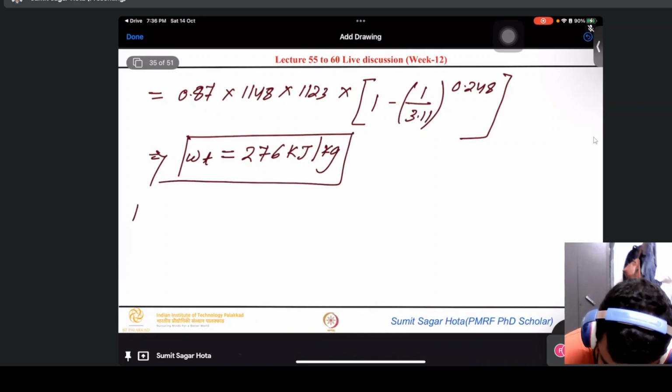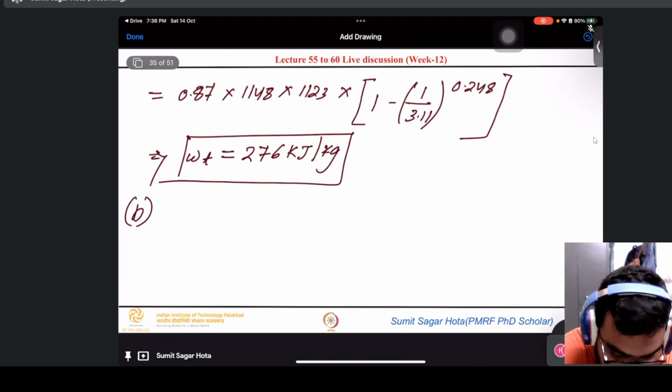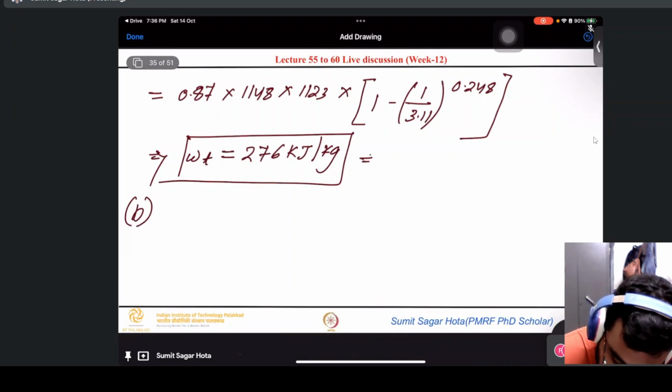What is the Mach number? So the specific work done is done.